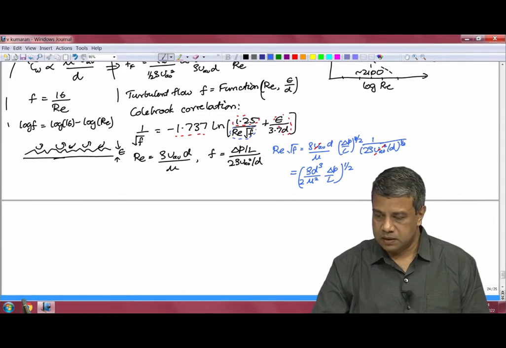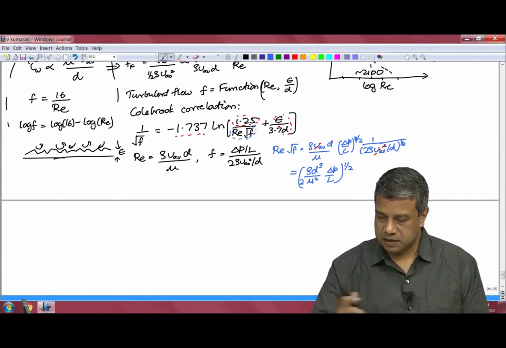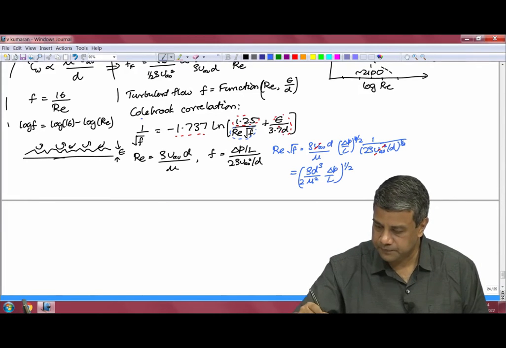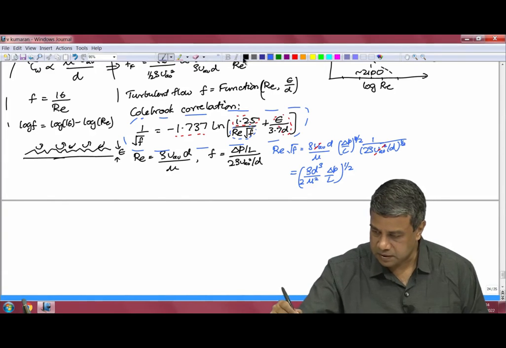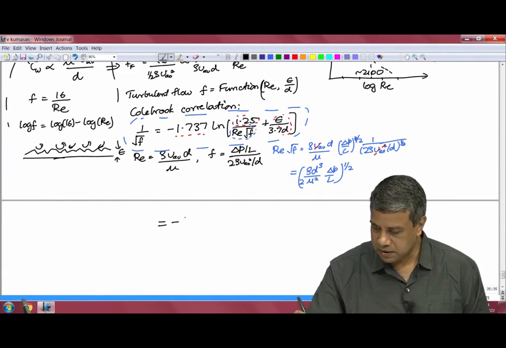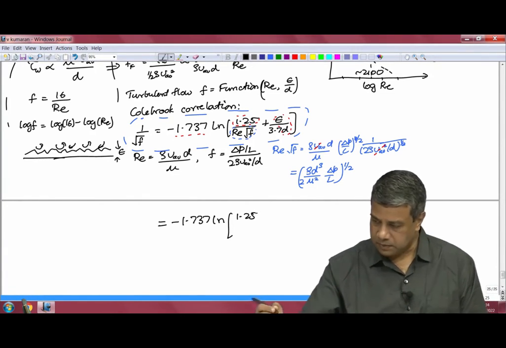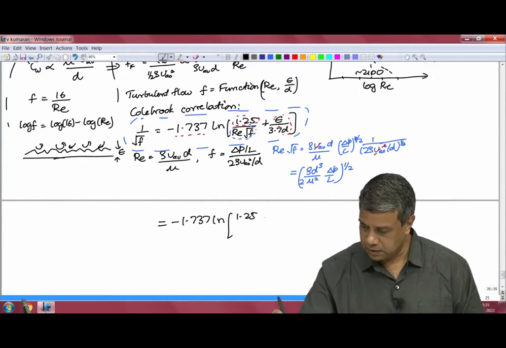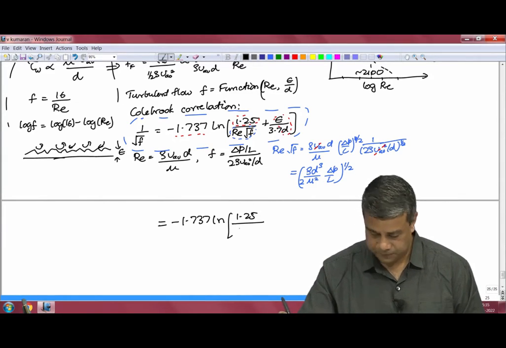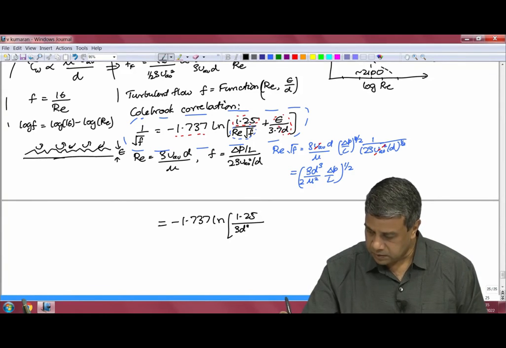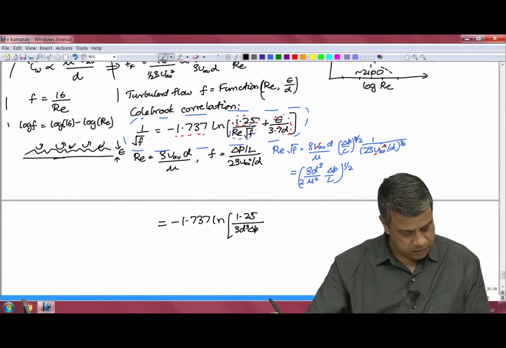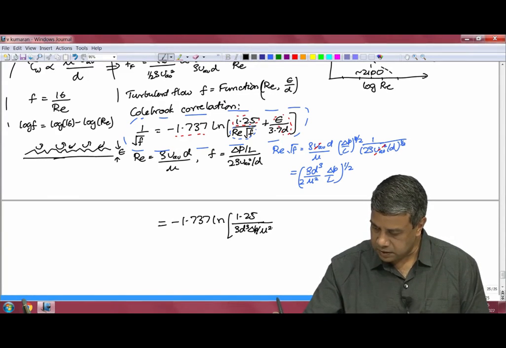So, this depends only on the pressure drop, which means that the right side of this Colebrook equation can be written as minus 1.737 natural logarithm of 1.25 divided by this factor, rho d cubed delta p by 2 mu square L.